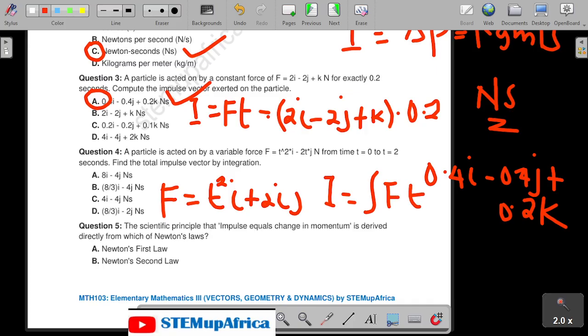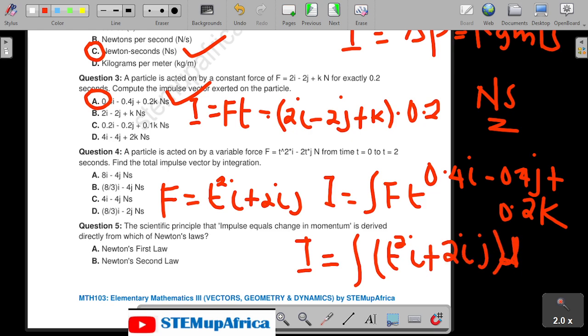So if you integrate, what's my F? My F is t square I plus 2tJ dt. So that's our impulse.